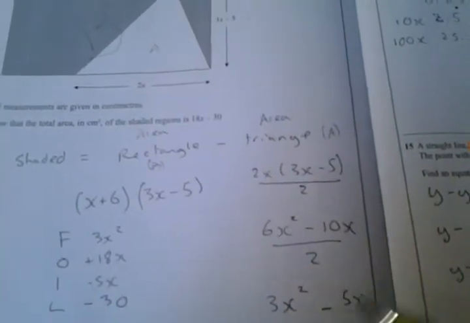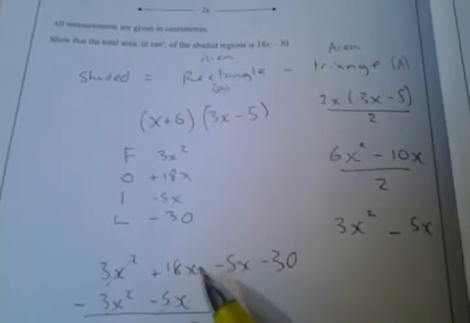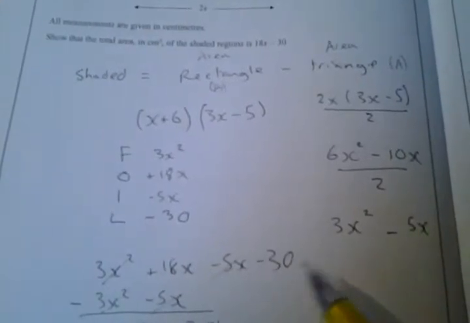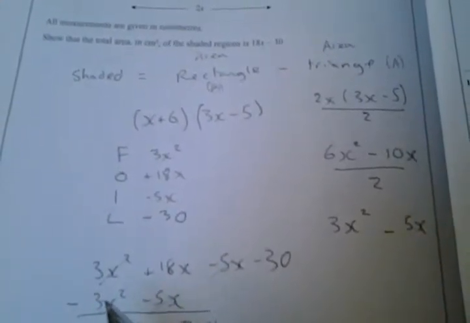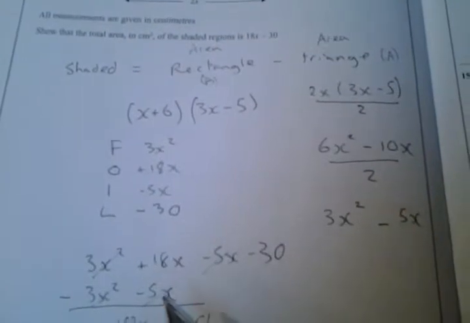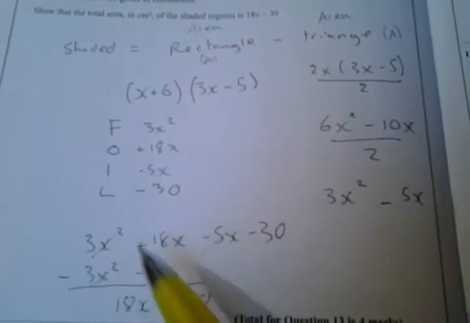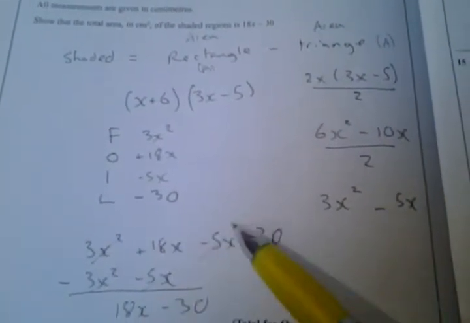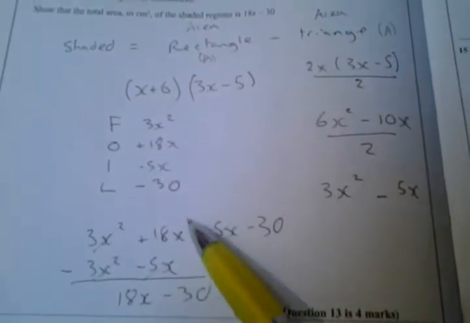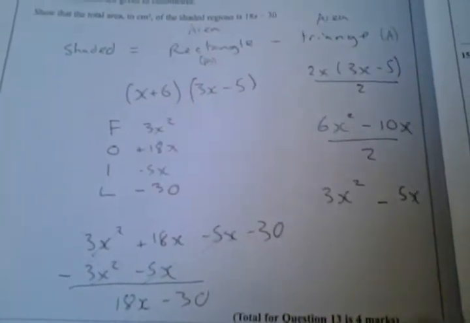I'm then going to input these back into how I was going to work out the shaded part of my shape. 3x squared plus 18x minus 5x minus 30, take away 3x squared, take away minus 5x. The 3x squared and the minus 5x's cancel out, leaving me with 18x minus 30.